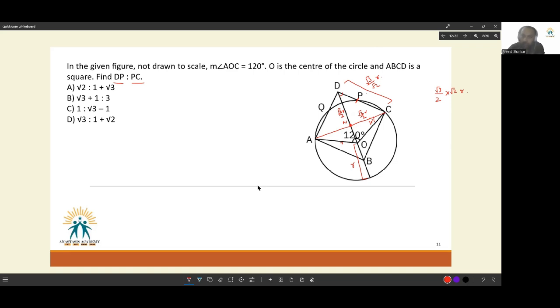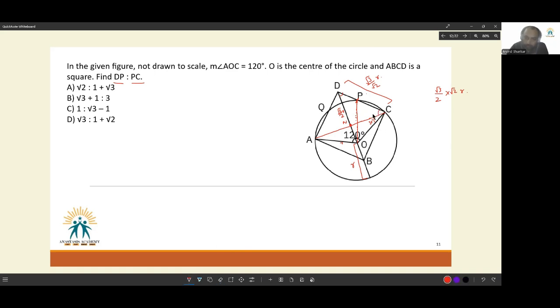Oh, I can make it here. Look at this. I can make it here. I'm joining this center with O. How this will help me is, see, I'm getting rid of this root 3 by 2R from here.